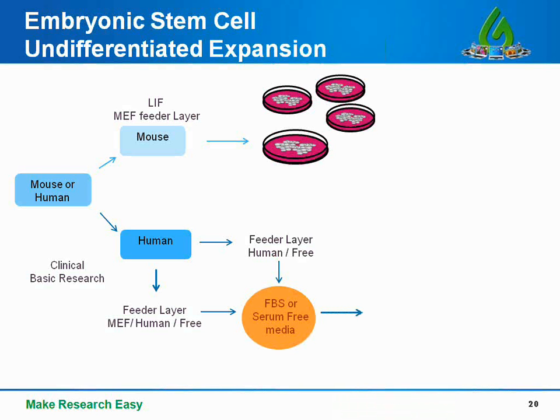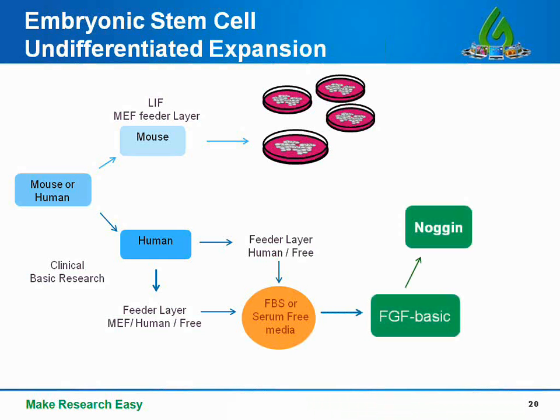Now, regardless of whether you use a feeder layer or FBS on human embryonic stem cells, you will need to culture them with fibroblast growth factor basic. In addition to fibroblast growth factor basic, you will need to inhibit the bone morphogenetic protein pathway, which promotes differentiation of human embryonic stem cells.